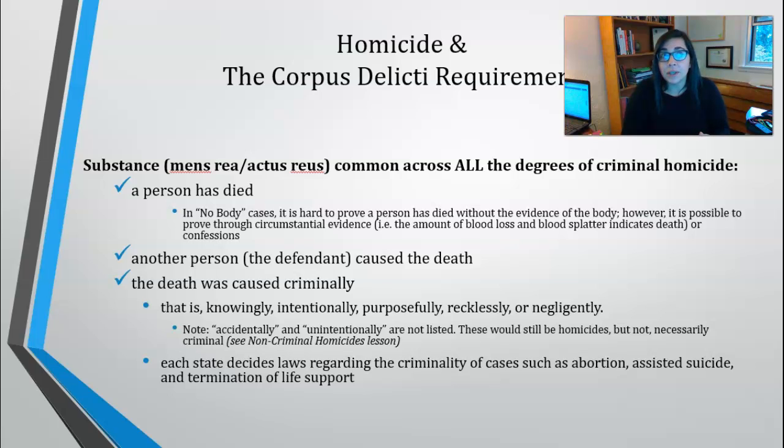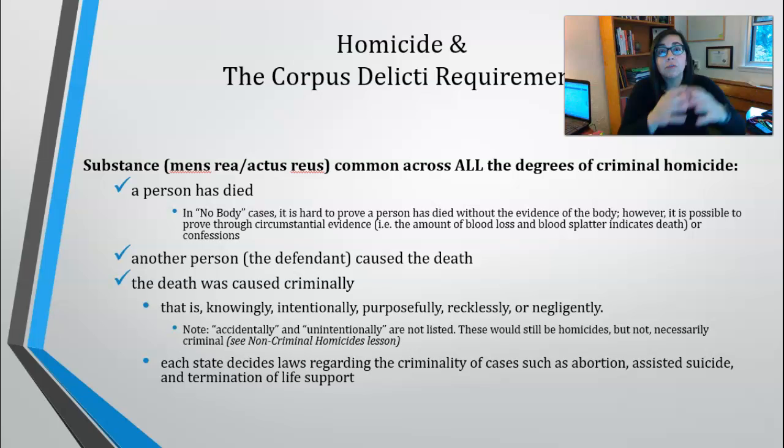Obviously, we're not going to charge someone for the death of another person if that death was a suicide. It needs to have been caused by someone else. And that also opens doors about assisted suicide and whether or not that's technically another person causing the death of another person. But we're looking for these features, that a person has died, that another person caused the death, and that the death was criminal. Again, we do have this whole component of homicides that are not criminal in nature.